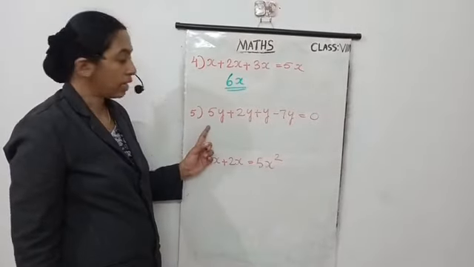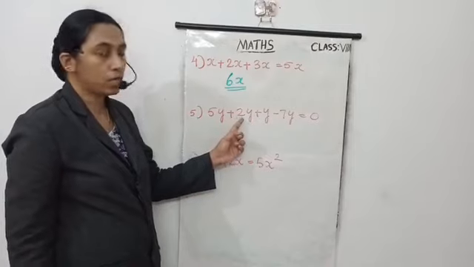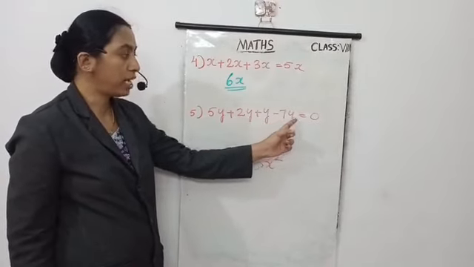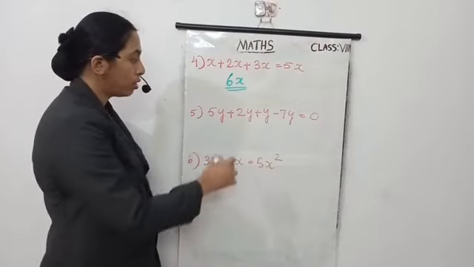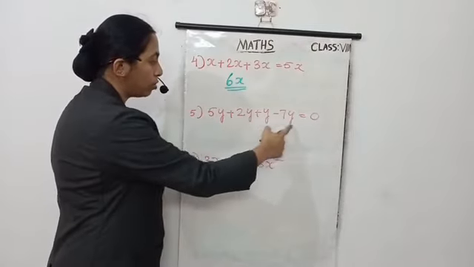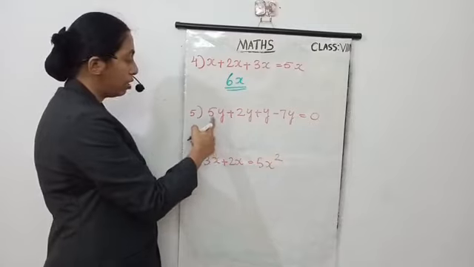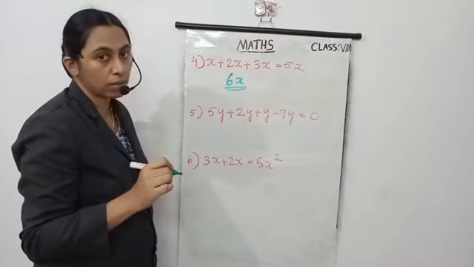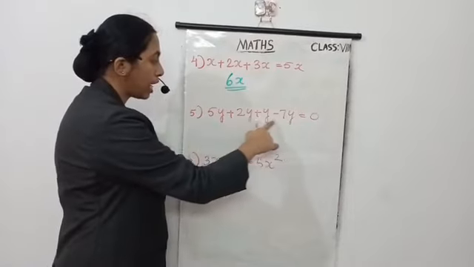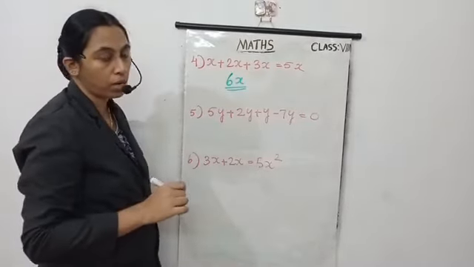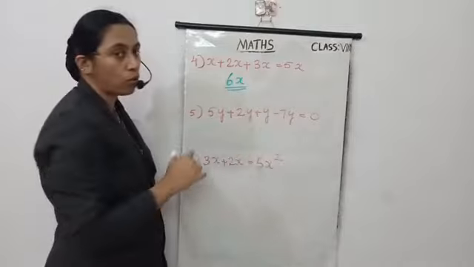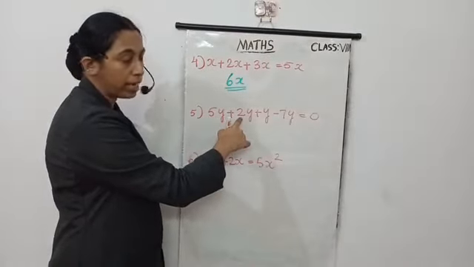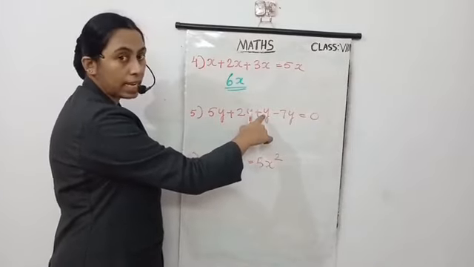Now question 5. 5y plus 2y plus y minus 7y equals 0. Is it correct? First do this LHS portion. All four terms are like terms because they have the same variable with the same power, so we can add their coefficients. 5 plus 2, 7. 7 plus 1, 8y.